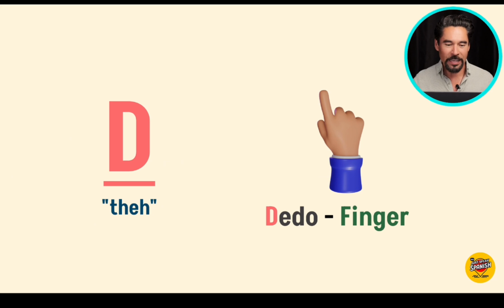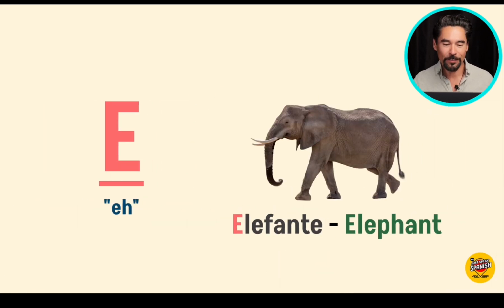Okay. Now we have de. De. As in the word dedo, finger. Dedo. All right. Next, we have e, the Spanish e. And we have the word elefante.